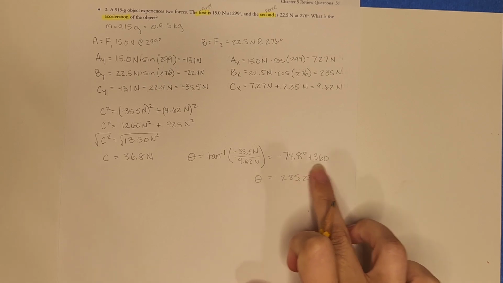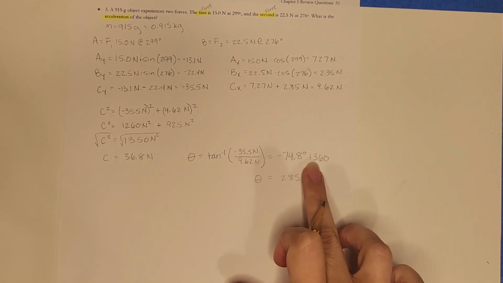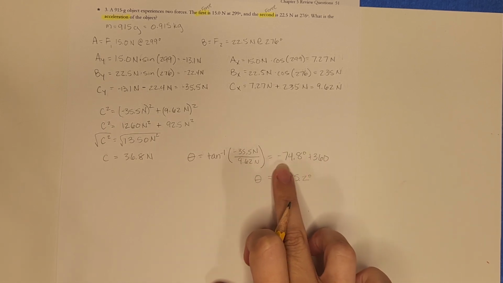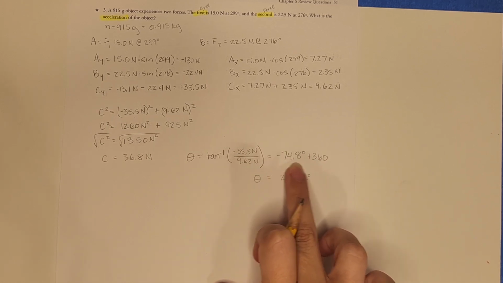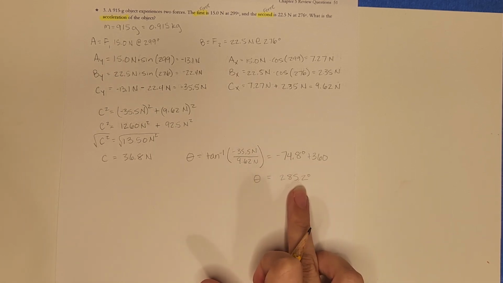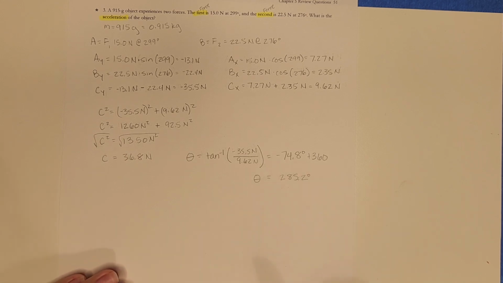Now, remember, when we are adding these degrees, there is no significant digits that we're worried about because this is an exact number. So we follow the significant digits rule for what we've added to the 360 degrees. So this still goes to the 10th place, 285.2 degrees.